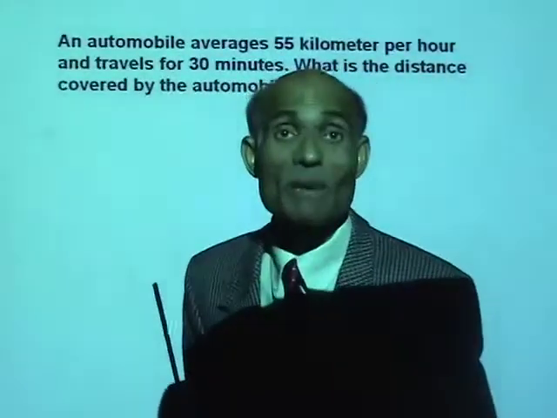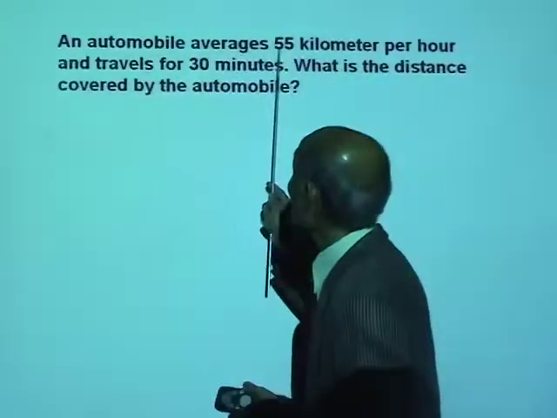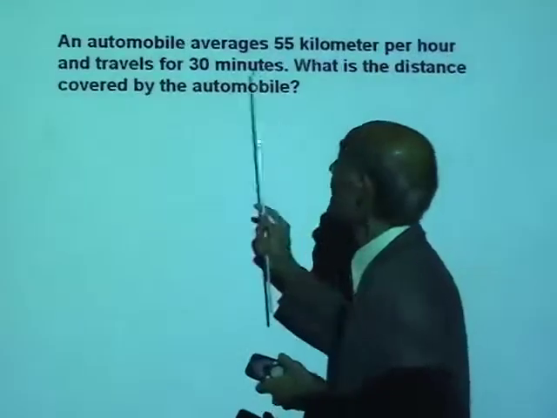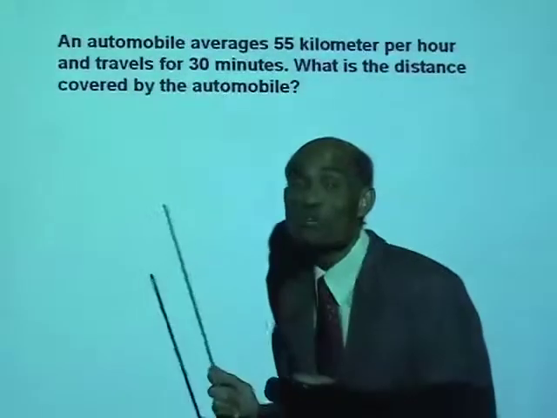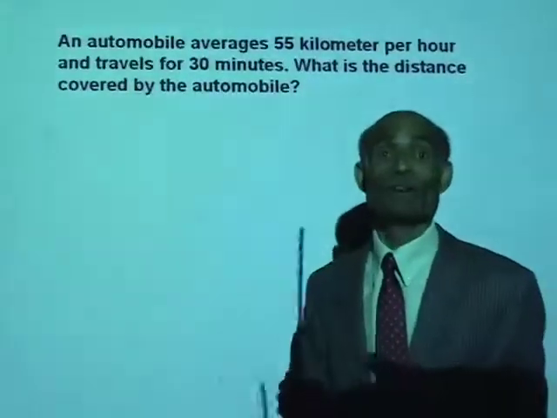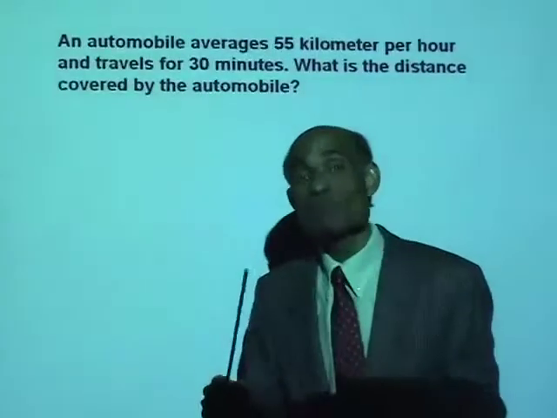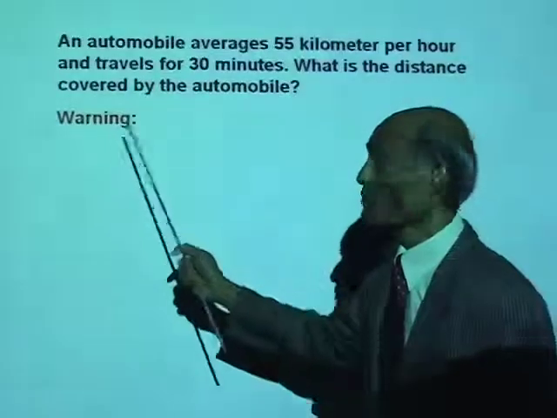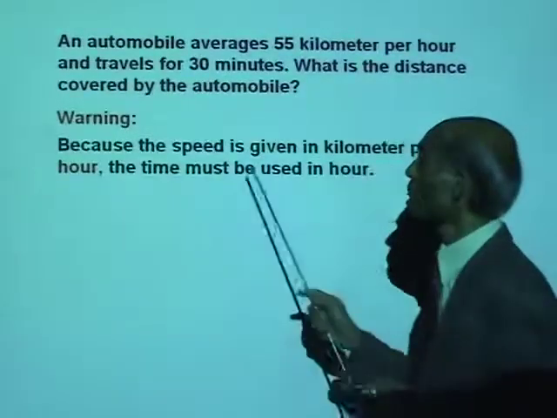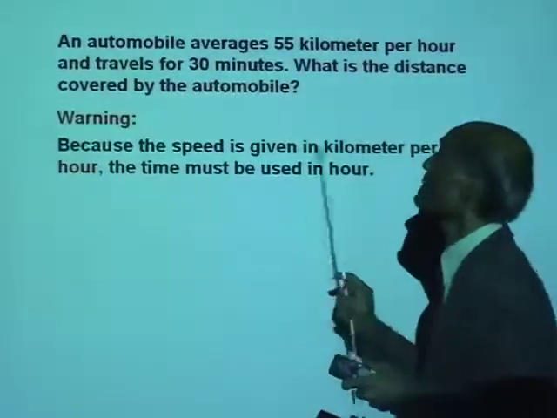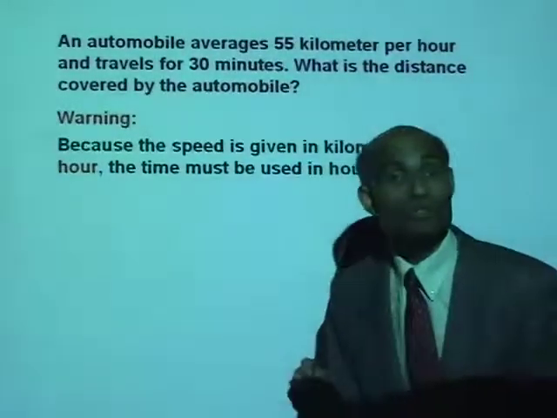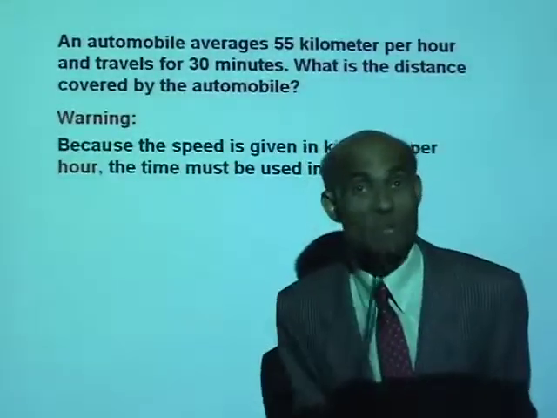Now, remember, because the average speed is given in kilometers per hour, our time should be used in hours. 30 minutes is how many hours? It is half an hour. So that's the warning here. Because the speed is given in kilometers per hour, the time must be used in hours and not in minutes.